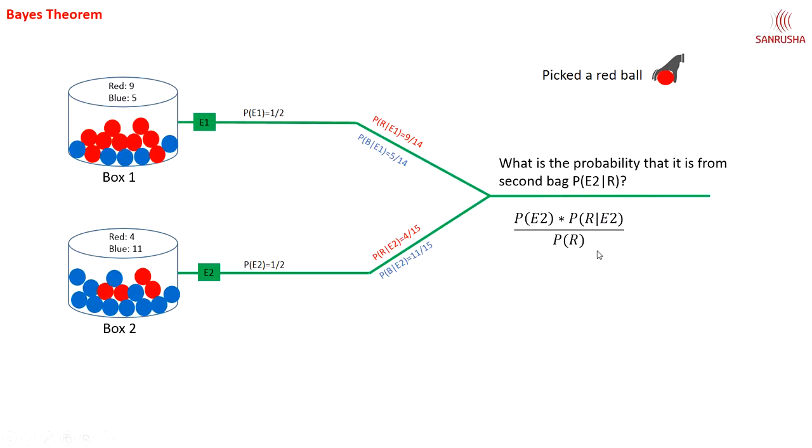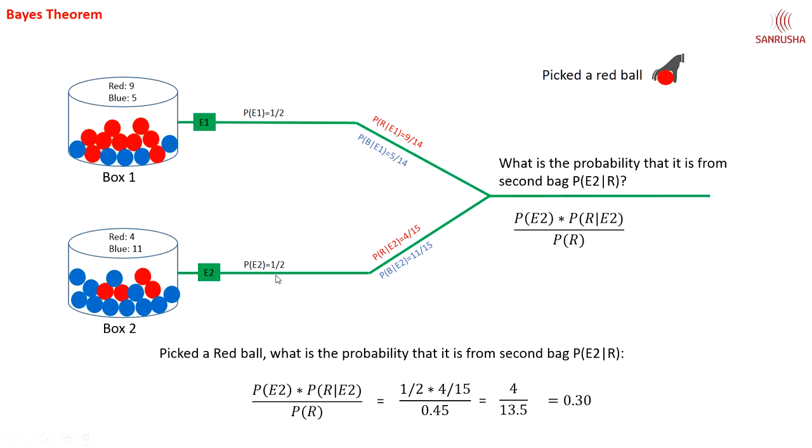And you have already calculated these values. The probability of E2 is 1 by 2. The probability of R given E2, the probability of picking a red ball from the second box, was 4 by 15. And the total probability of picking a red ball from either of the boxes was 45%, right?